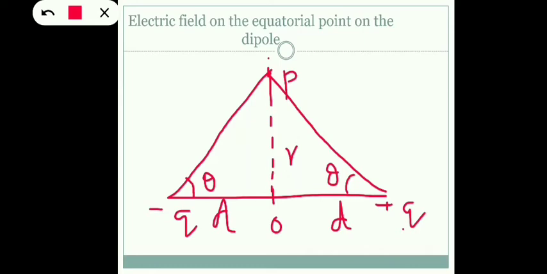First, let's find the direction of electric field intensity at the point P due to the plus q charge. What is the direction of electric field due to a positive charge? Yes, it will be outwards, right? So the direction of the electric field at the point P due to the positive charge will be pointing outwards like this. So this is the direction of E plus.